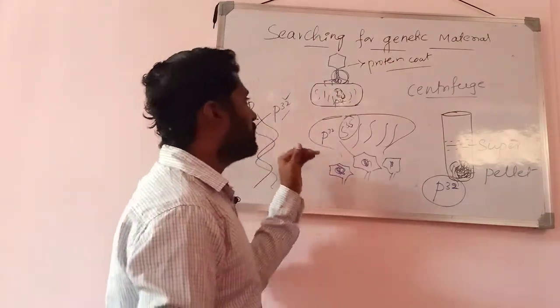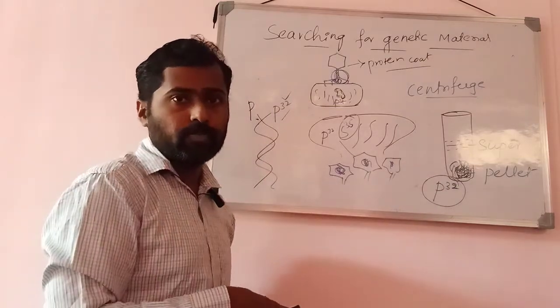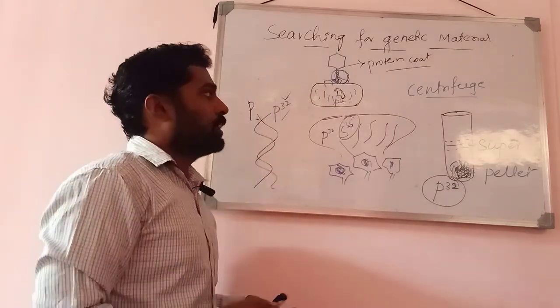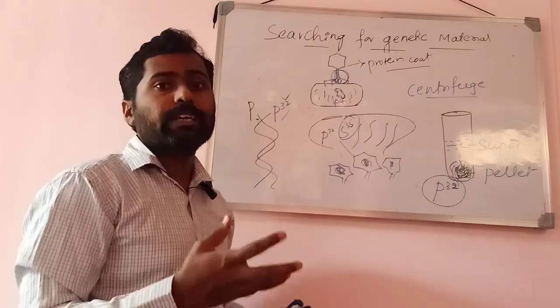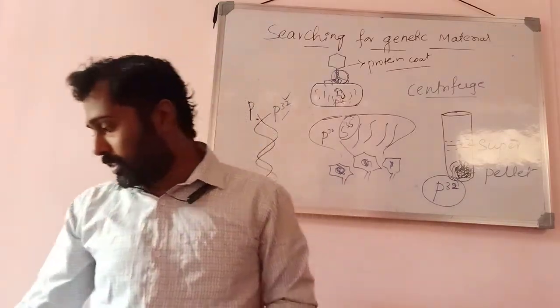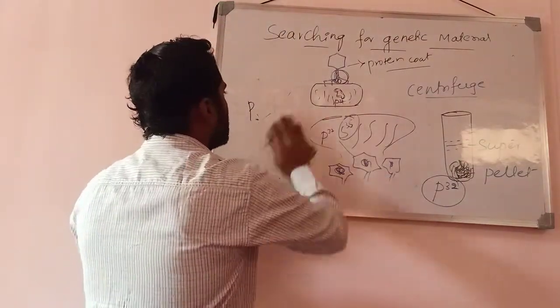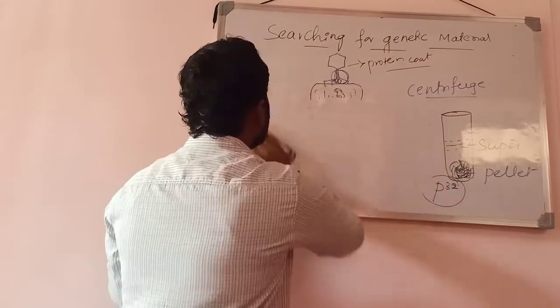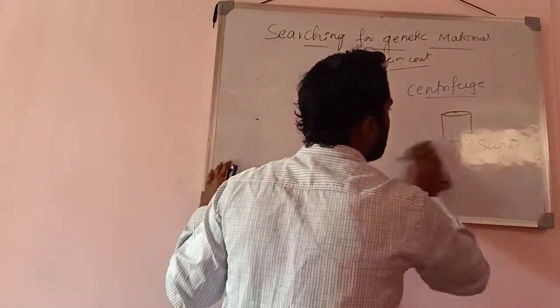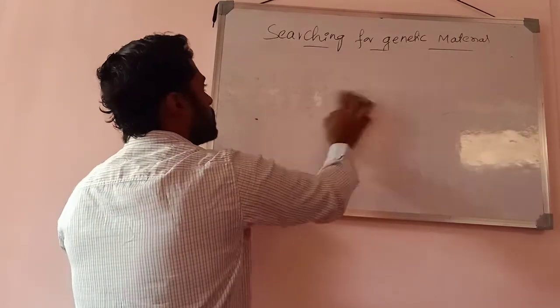Okay, so this is about the blending experiment, because they blend the mixture. The blending experiment of Hershey and Martha Chase to prove DNA as a genetic material. I hope you understand this concept. So let us move on to the next one, the transformation experiment of Griffith, that I have explained in the live class also.